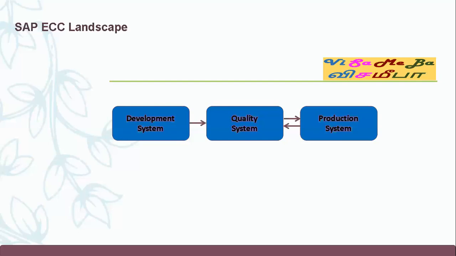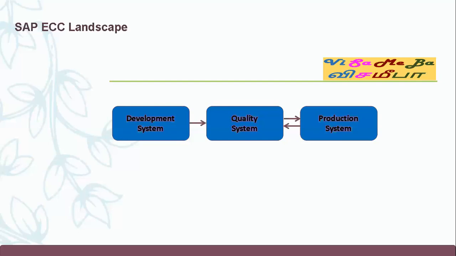But you see an arrow coming back from the production system. Any idea what that stands for? Just think of any good reason for bringing something back from the production system to the quality system.